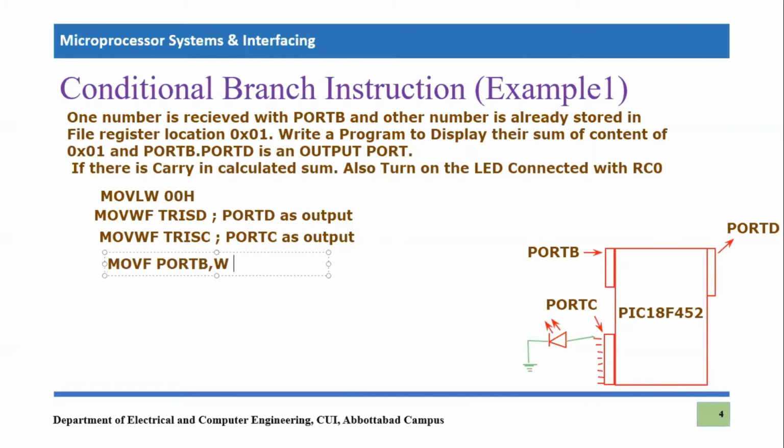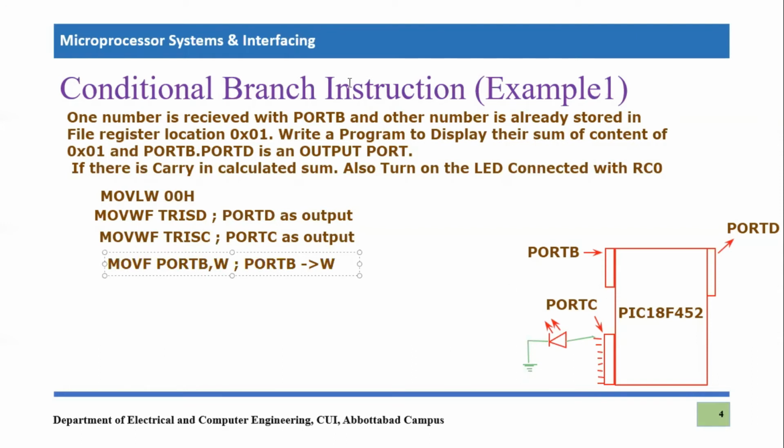In this way, whatever information is coming will go to the working register. So the value which is coming from port B is now stored in the working register, and the next value is stored in 01 hex.